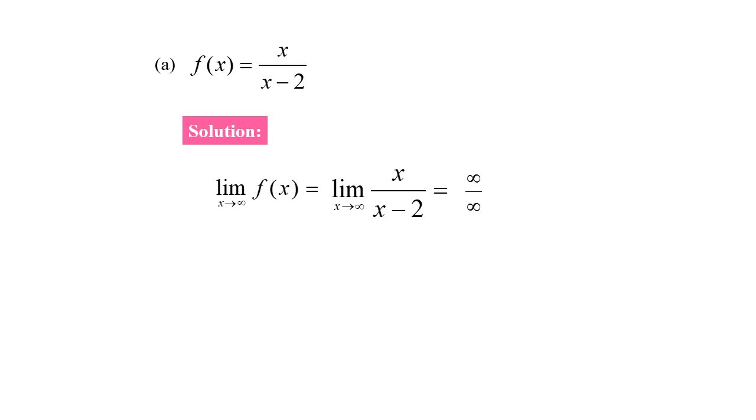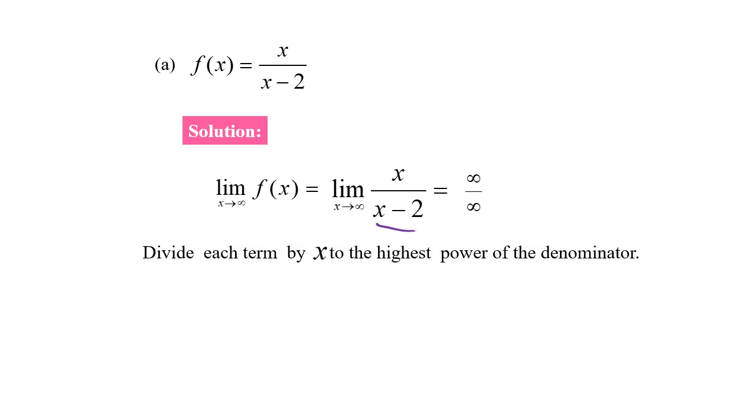divided by infinity. As I have done in 8.1, for infinity divided by infinity, what we have to do is divide every term by the x with the highest power in the denominator.